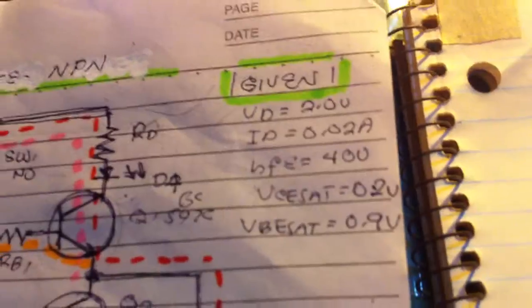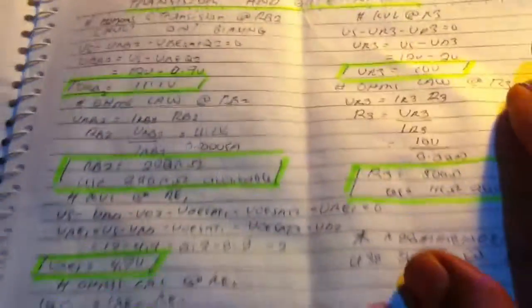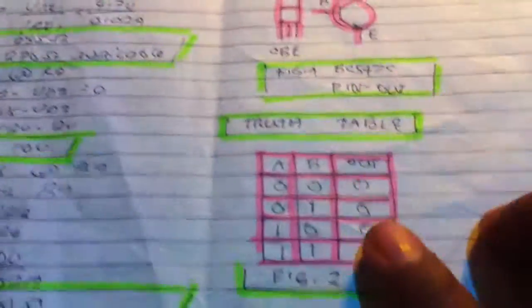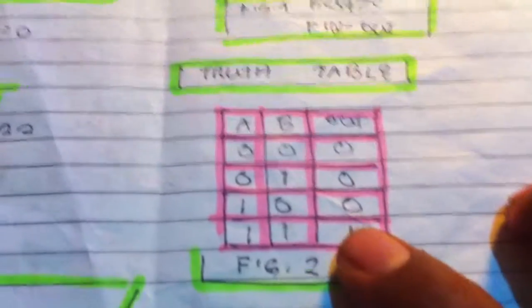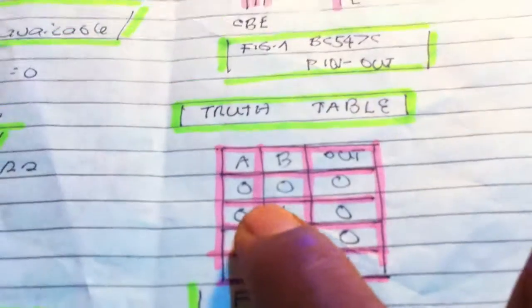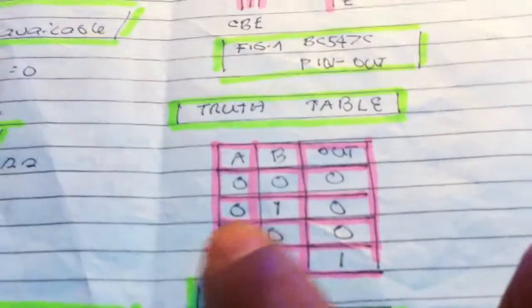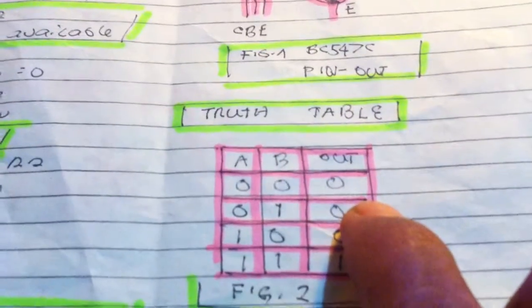We have the given data, the data sheet of the transistor. Also we have the calculation here, and we have the layout, pin configuration, and the truth table of the AND gate. Switch A, switch B: if there's no input, there's no output. When you push switch B, there's still no output.